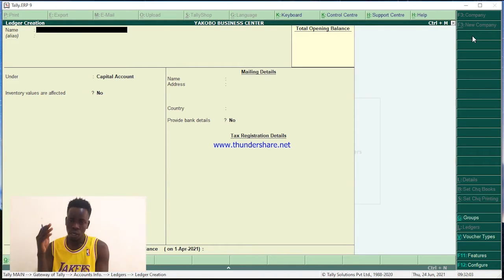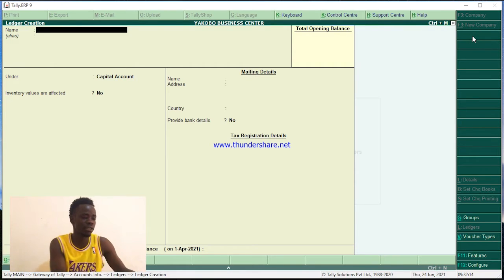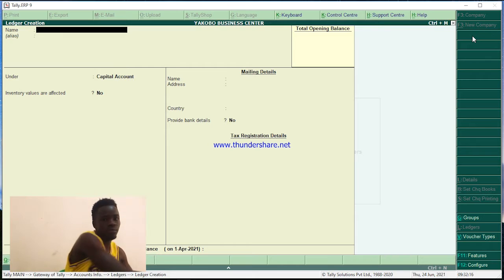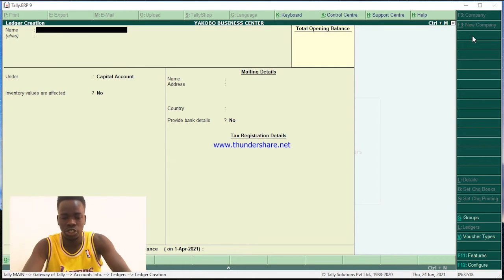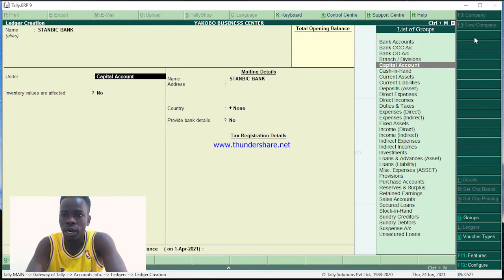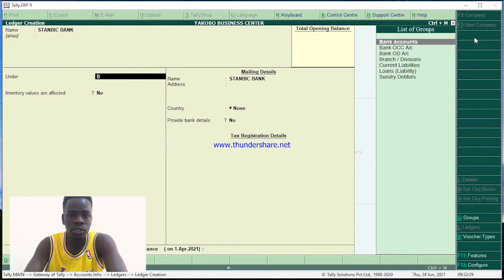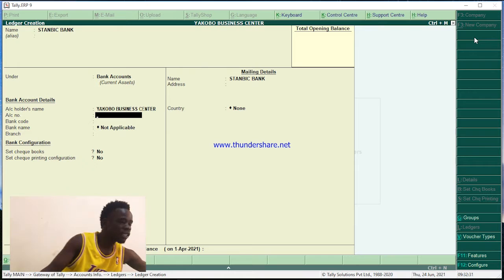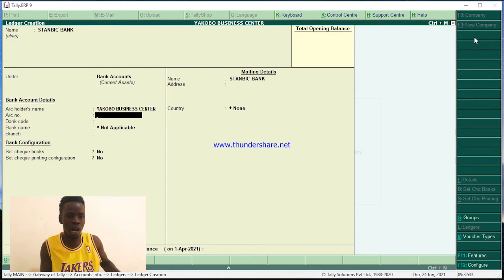By the way, we are going to first create the ledger for Stanbic Bank. So let's go and create it. Stanbic Bank is under bank account. They have given us some information here about the account number.